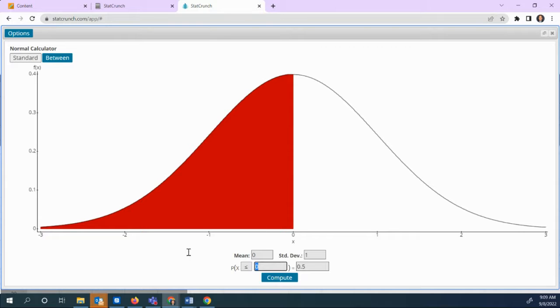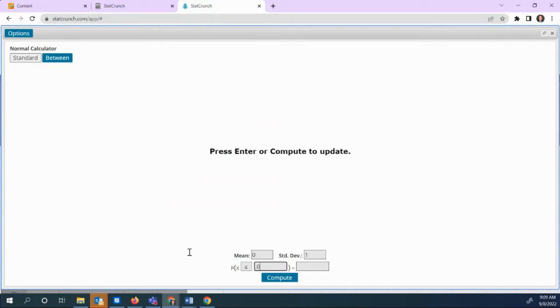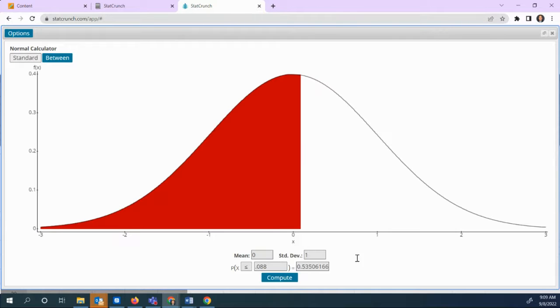That means the area to the left. And what was yours again? 0.088, and then hit compute. So Anthony Hopkins would be about in the 53rd or 54th percentile right in there. So that means about 53.5% of the population weighs less than him.